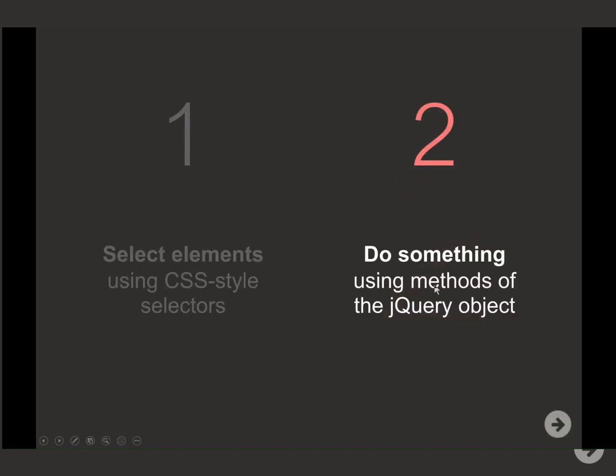Okay. The second thing is that we want to do something. You have identified the objects, elements, but that's not the final goal. You don't just want to find the elements. You want to do something on the elements. So the next thing is that we need to write the functions in jQuery. In fact, the jQuery package already did that. You can do a lot of things based on the provided functions, and then you can just call them directly.